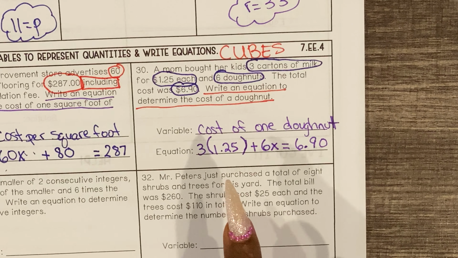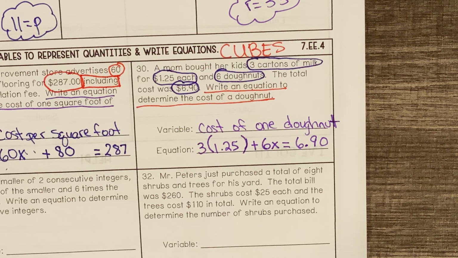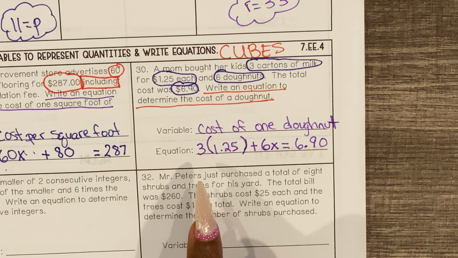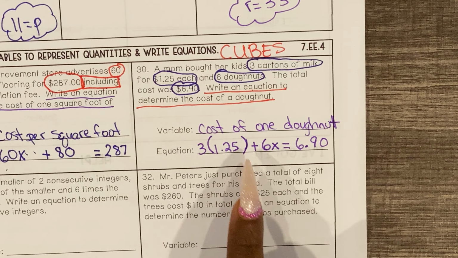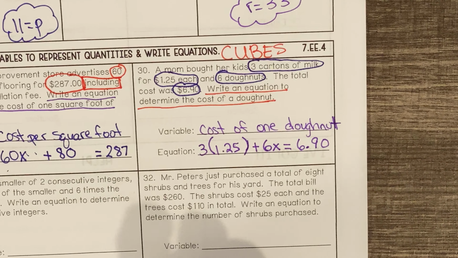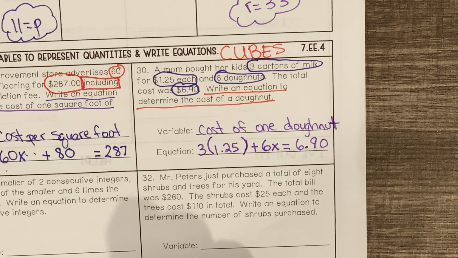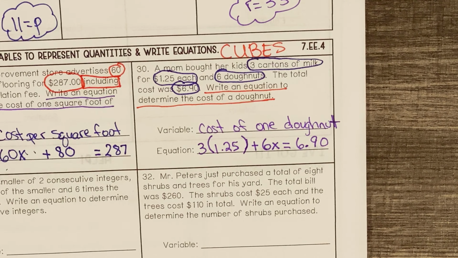Each milk is $1.25. Not all 3 are $1.25. Not all 5 would be $1.25. Each one is $1.25. So really, you would have to multiply this times this in order to find out how much she paid for the milk total. Okay? You would have to multiply that to find out what she paid for the milk.